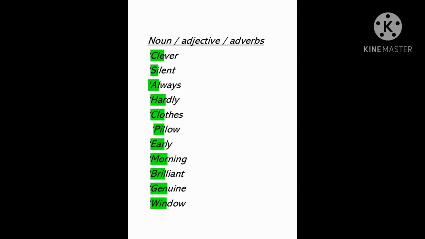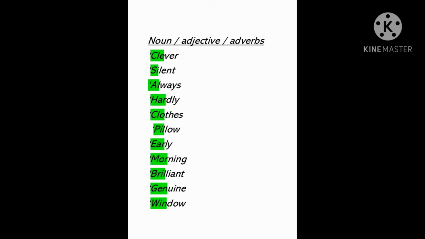On nouns, adjectives, and adverbs of two syllables, most of the time we mark stress on the first syllable. So we mark it on the first syllable, not on the second.